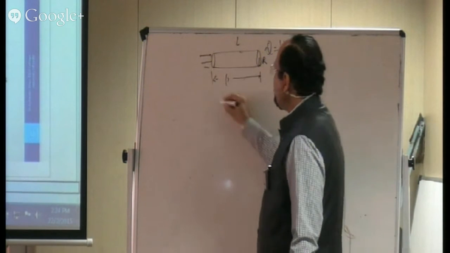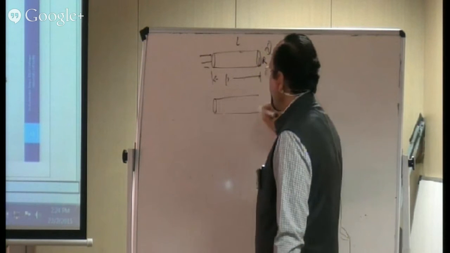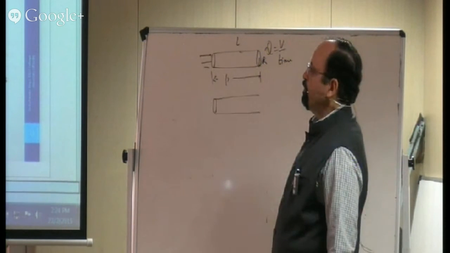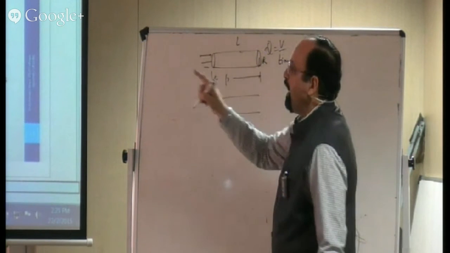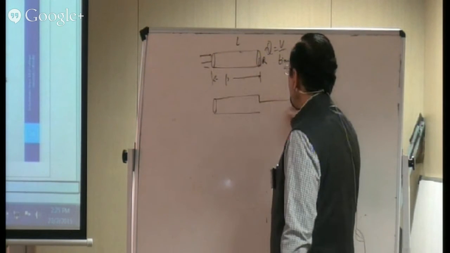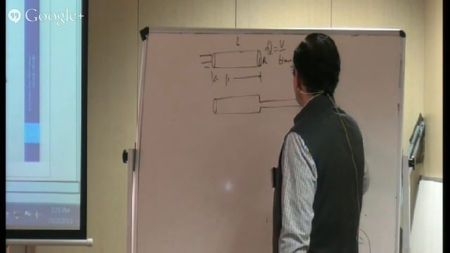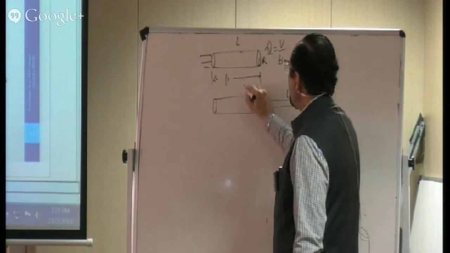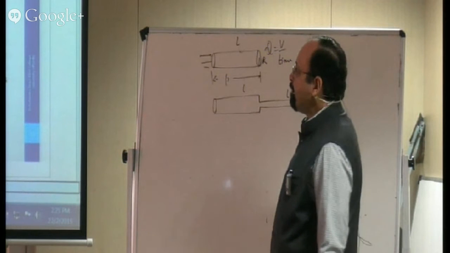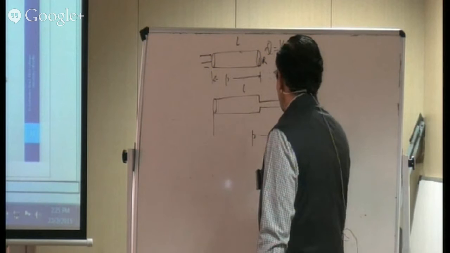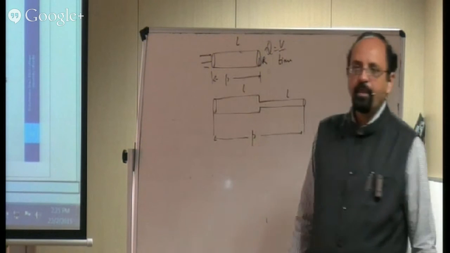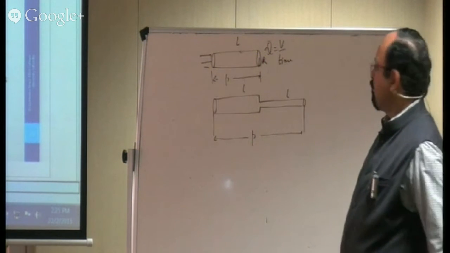Now he says that there is a combination of this tube with another tube of the same length, and half the radius. Length is same, but half the radius, and pressure difference is maintained across the ends. The pressure difference is kept same. Now what is the rate of flow?